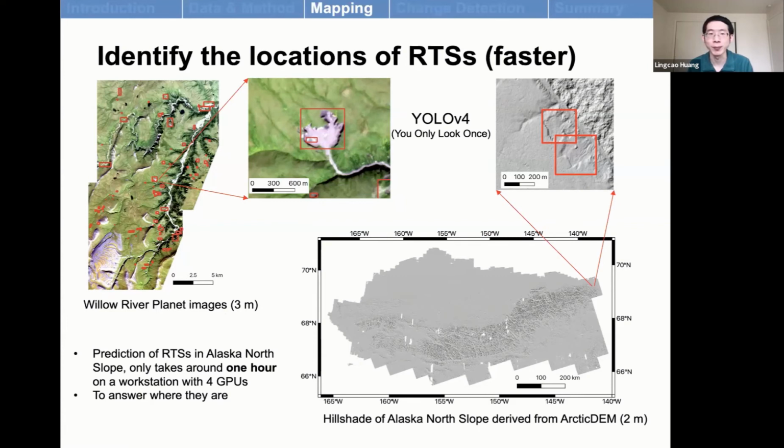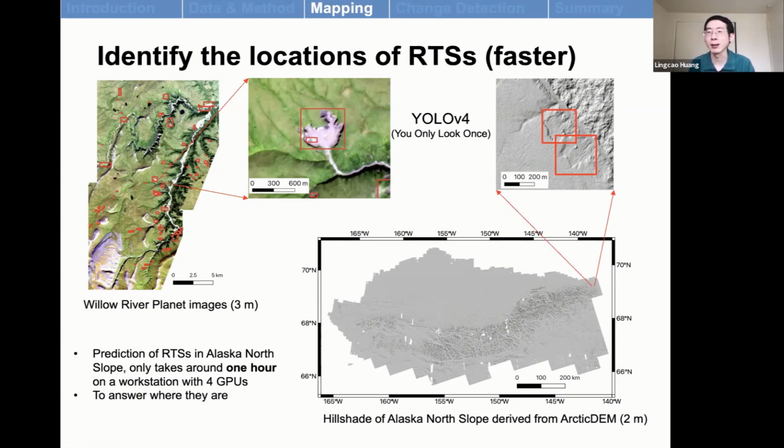I ran a test for the prediction of RTS for this relatively big region, and the algorithm took only 1 hour to finish. I estimate if I apply this to the entire Arctic, the prediction may only take 2 to 3 days on a workstation with 4 GPUs.